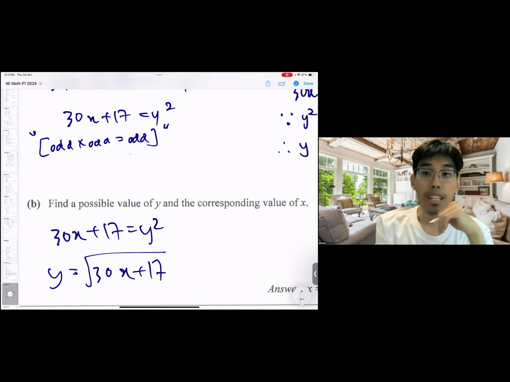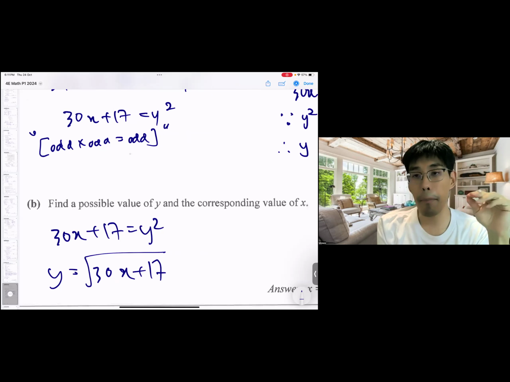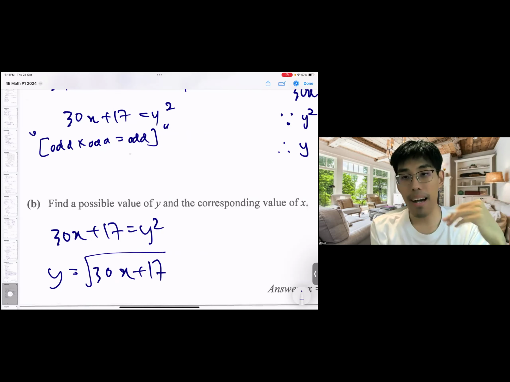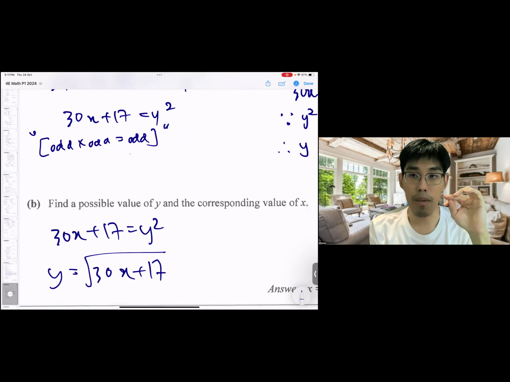What I can think of is that the last digit of the square number must be a 7, because 30x must be a multiple of 10, right? Multiple of 10. So the last digit must always be a 7.